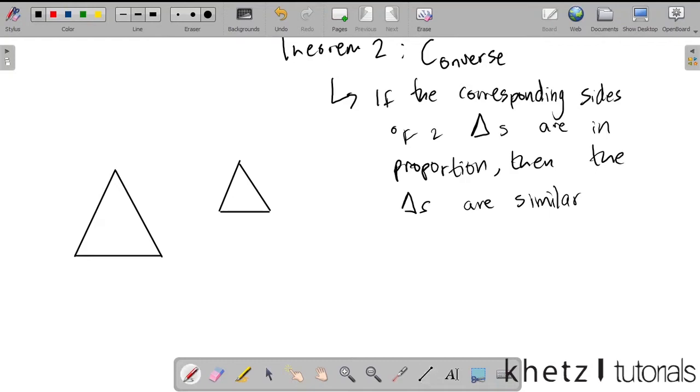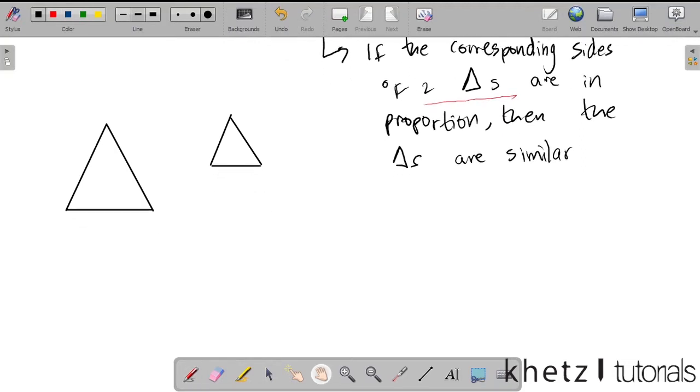So I have two triangles over here as required by the statement. So it says if the corresponding sides of two triangles, so two triangles, are in proportion. So we have two triangles. We've already dealt with that.